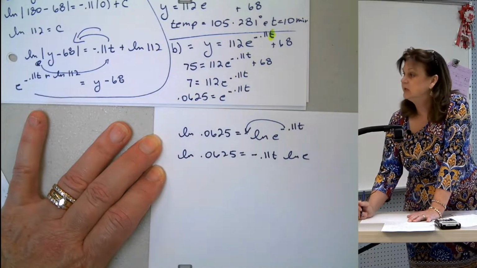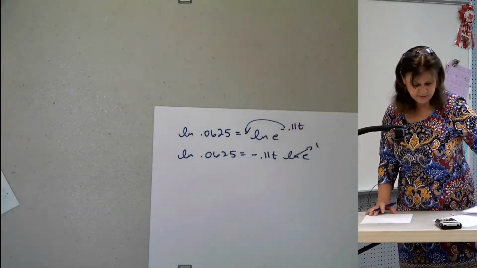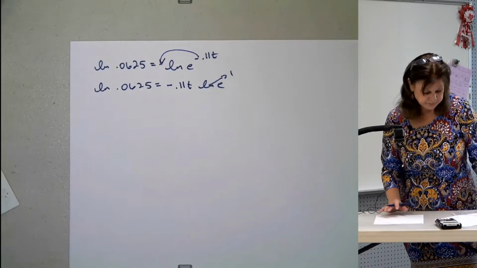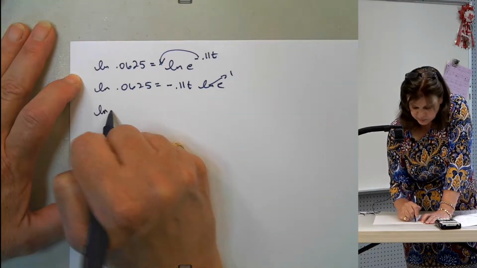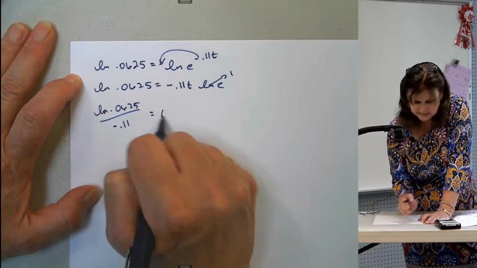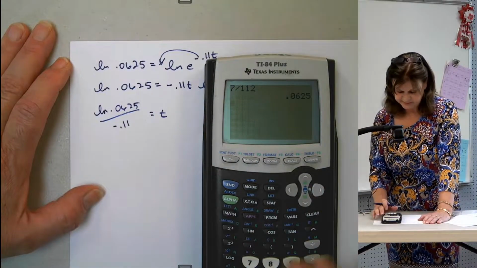Of course, ln e is 1, so there that goes. So now I've got ln 0.0625 divided by negative 0.11 is the time that it takes the coffee to get to 75 degrees.